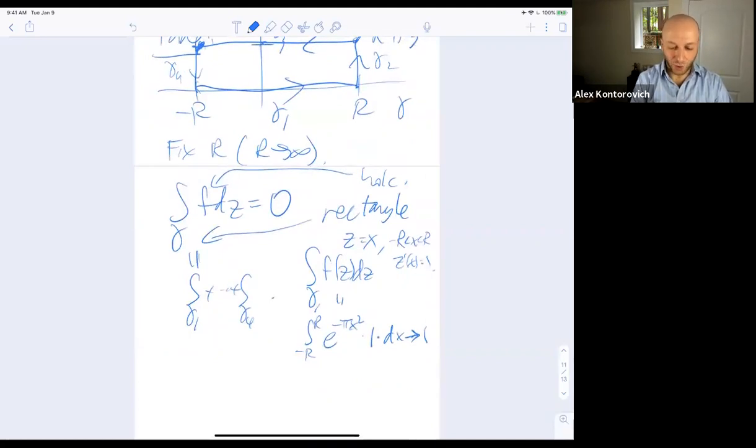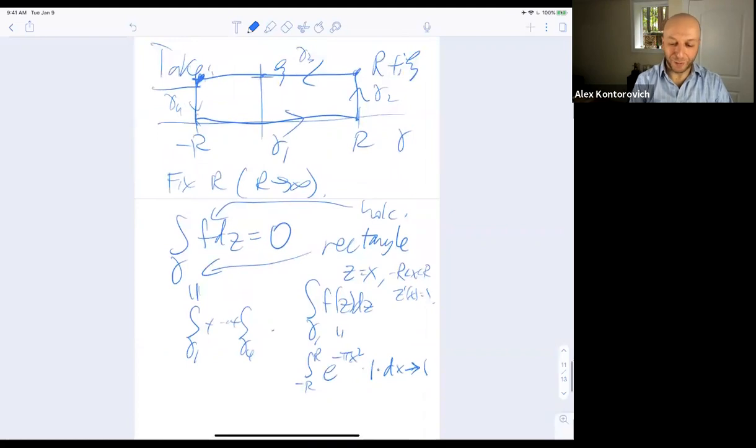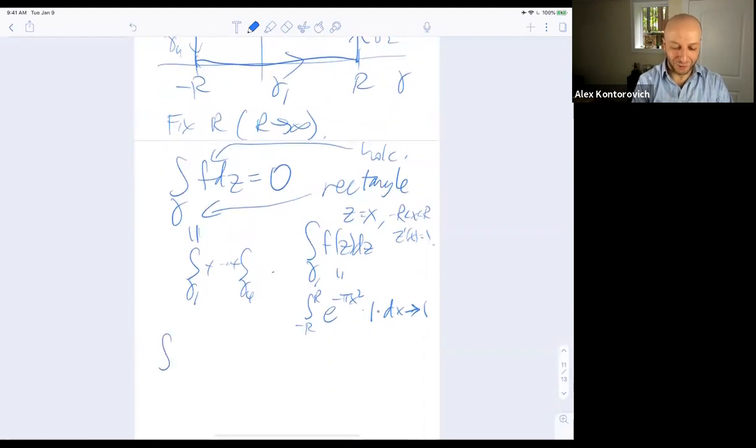How about over gamma 3? The integral over gamma 3, over the top part of the rectangle. How are we going to parameterize that? Z is equal to x plus I xi, as x goes from r, well, you can't write this, but I'll write it anyway.